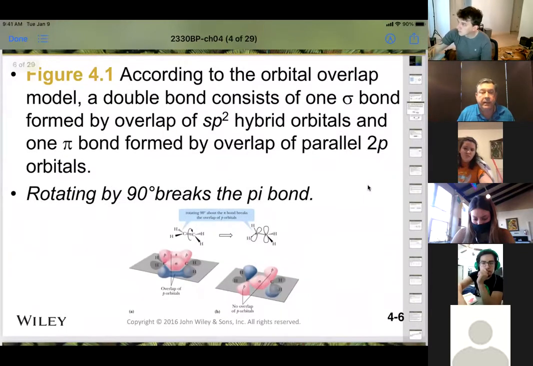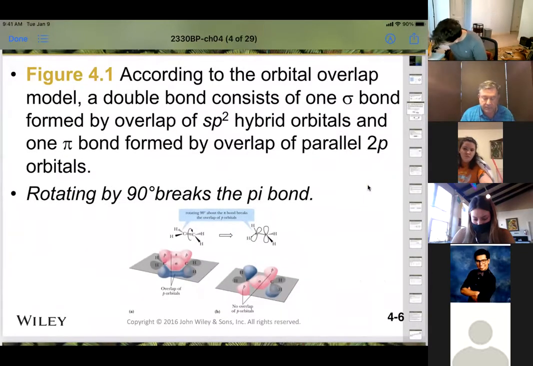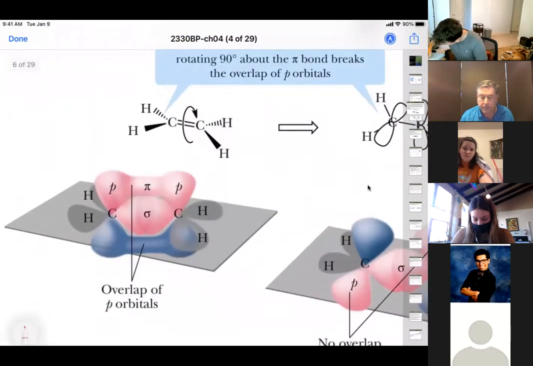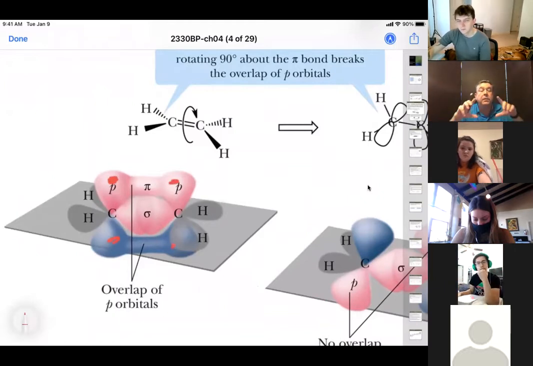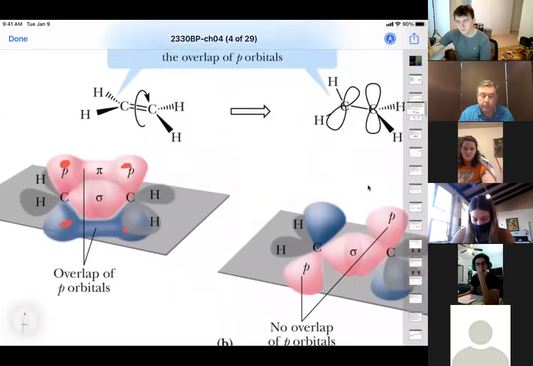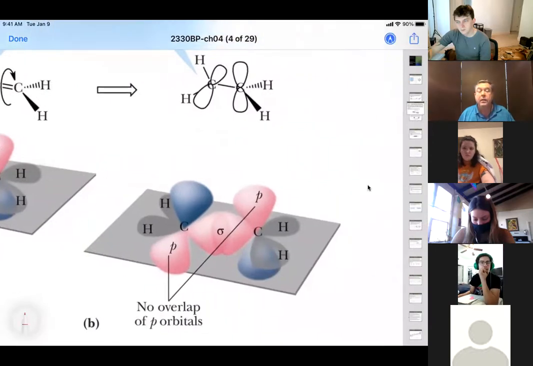Why can't we rotate that? Well, if we look at where those unhybridized p orbitals are, they have to be in the same axis as each other to be able to overlap. If they start to tilt out of that same axis, they can't overlap. Therefore, you are breaking the pi bond. So they must be in line with each other. Because it takes a lot of energy to break a bond, they are going to keep that orientation and not rotate.